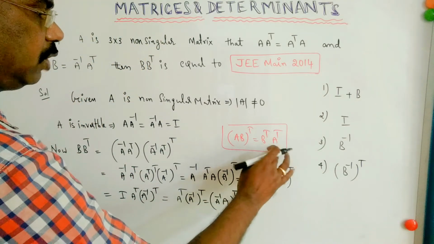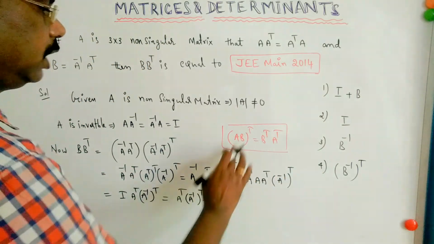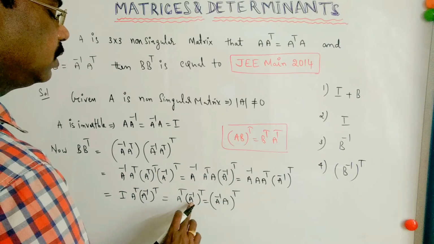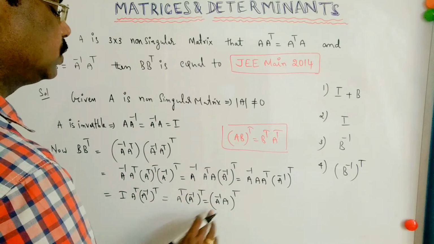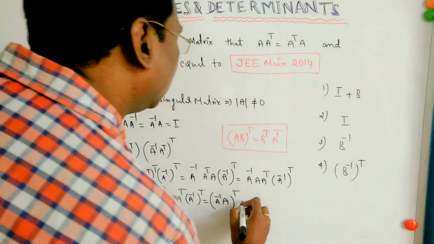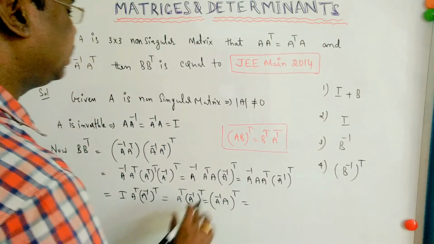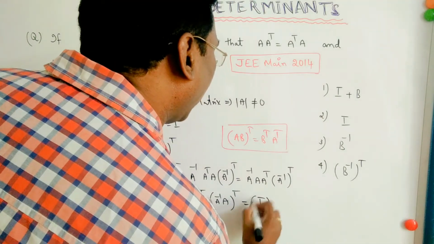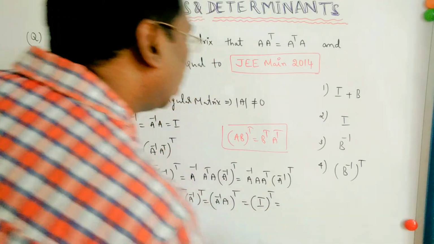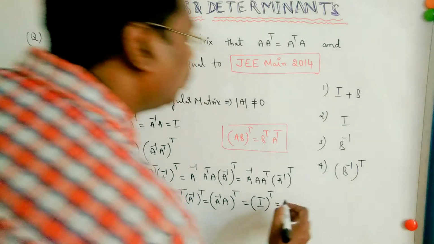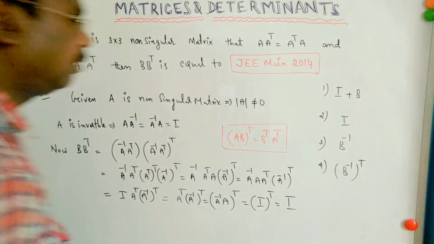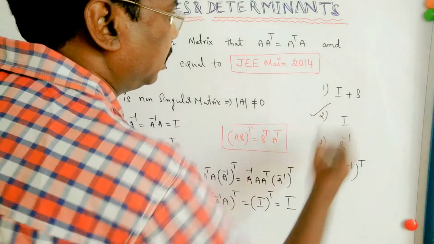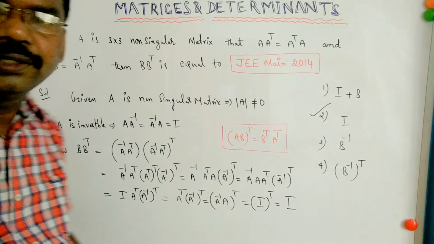Now B transpose into A transpose is AB whole transpose, so A inverse into A whole transpose. Now A inverse into A is equal to I. Now I transpose is equal to I. Therefore, option 2 is the correct one.